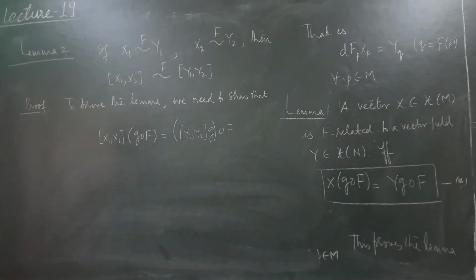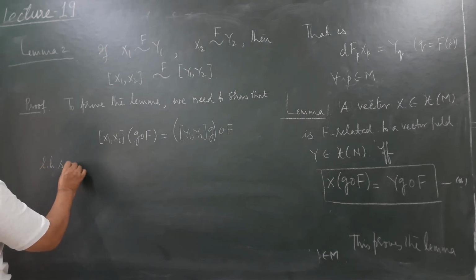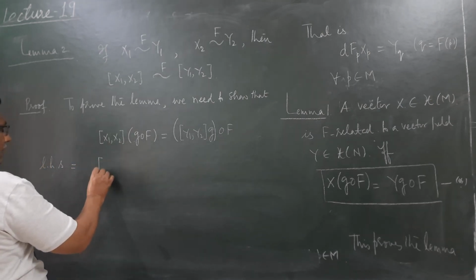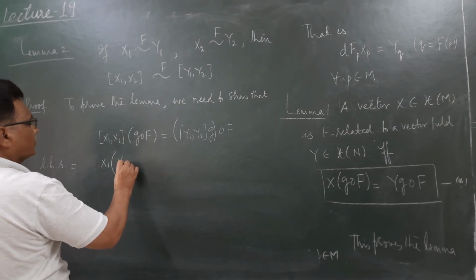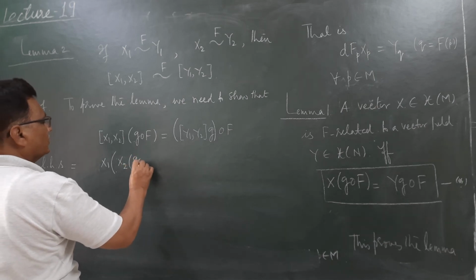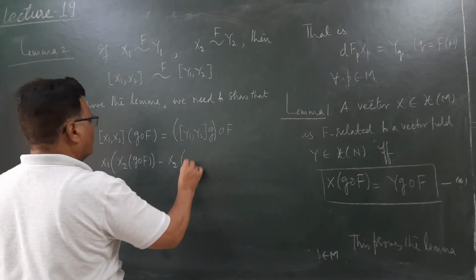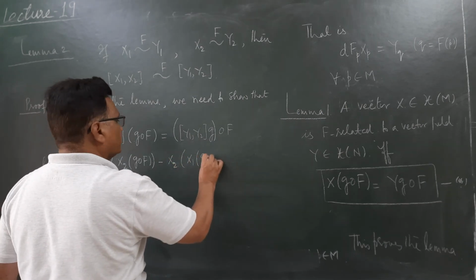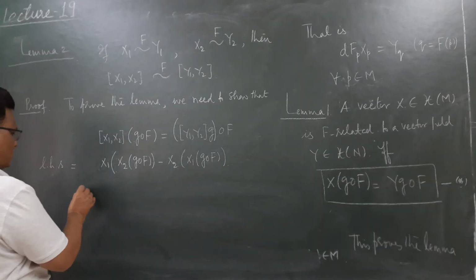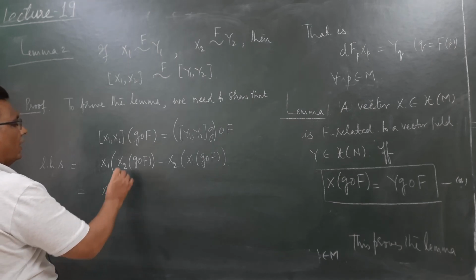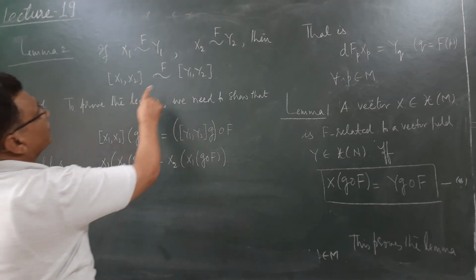Alright, so let me start with the left hand side. The left hand side is equal to x1 operating on x2 which is operating on G composition F, minus x2 operating on x1 which is operating on G composition F. So let us see x1 x2 operating on G composition F. We further know that x2 is F-related to y2.